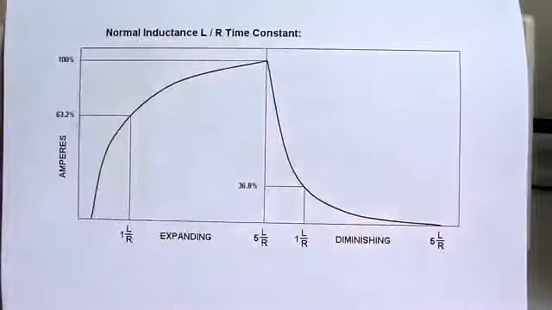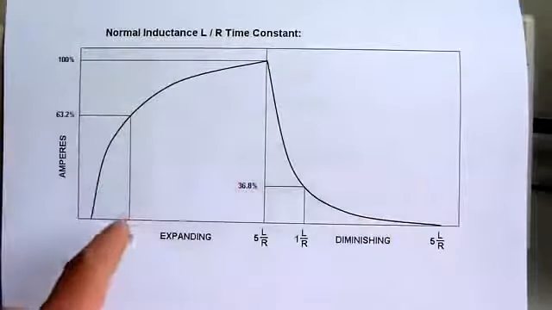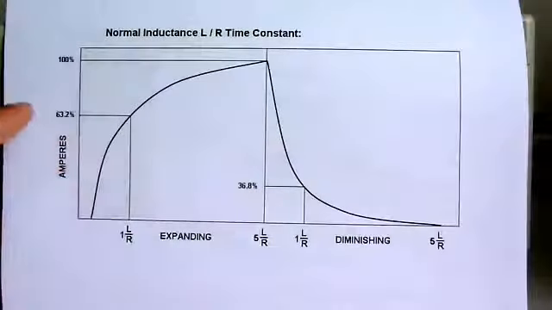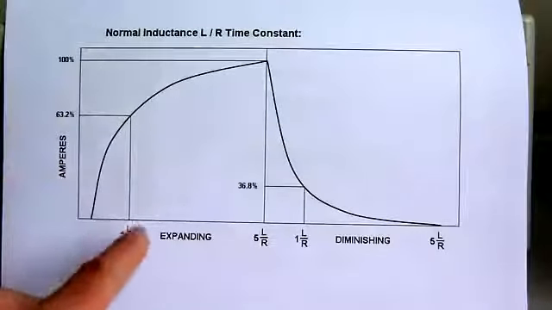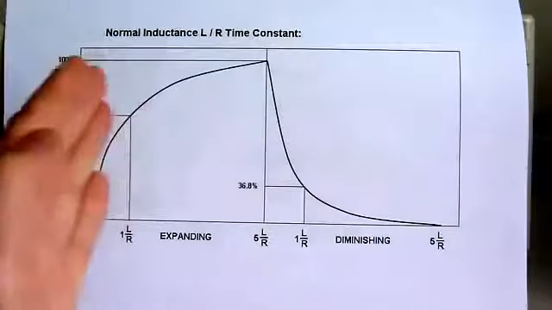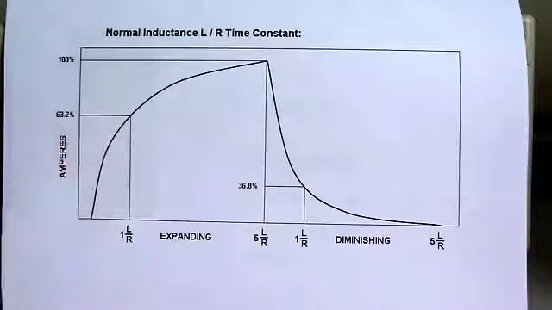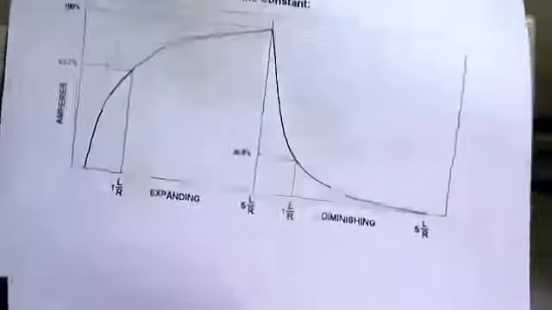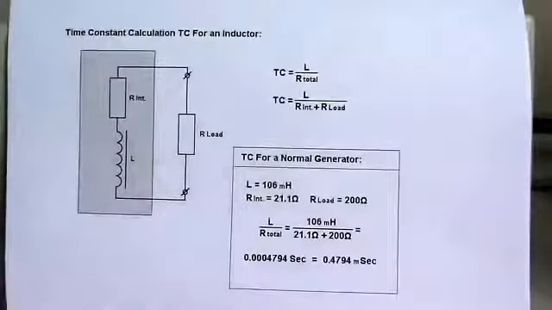In this graph you can see that in 1 L over R times it is at 63.2%, but when you increase L, the total time constant value is also increased. So now I would like to do some calculation.